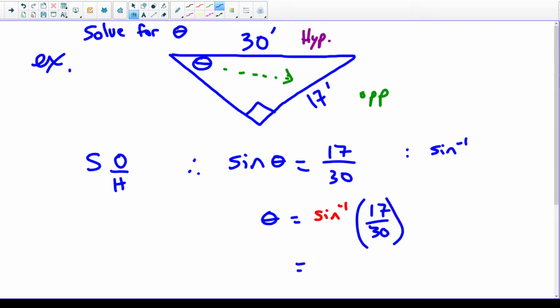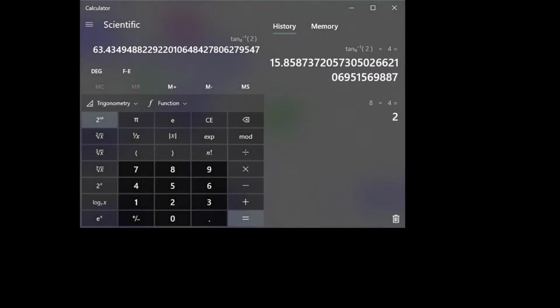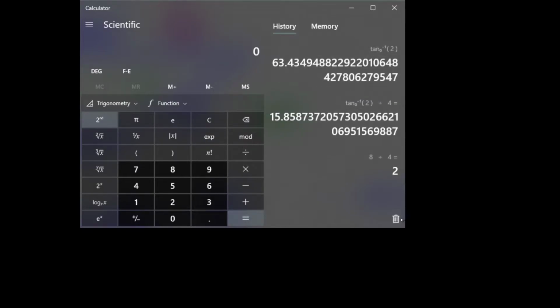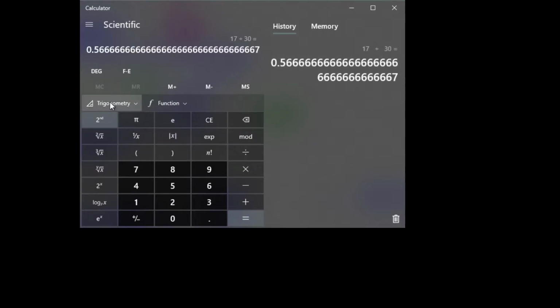So I'll go back to my calculator here to show you how I would type that in. So let me just clear everything out here. So we would have 17 divided by 30 equals, and then I would do, in this case, I have to do the trigonometry button, second sine.